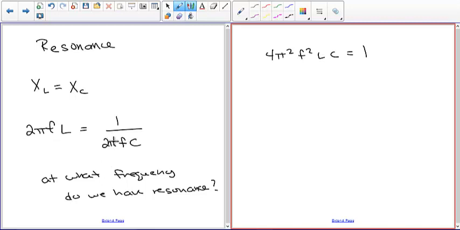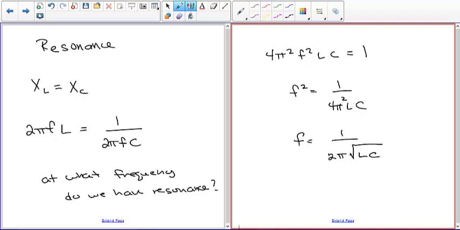All I've done is taken this and multiplied it by that, so you get 2 times 2, which is 4, pi times pi, f times f, and L times C. If I then divide by 4 pi squared LC and take the square root, I get that the resonance frequency is equal to 1 over 2 pi times the square root of L times C.